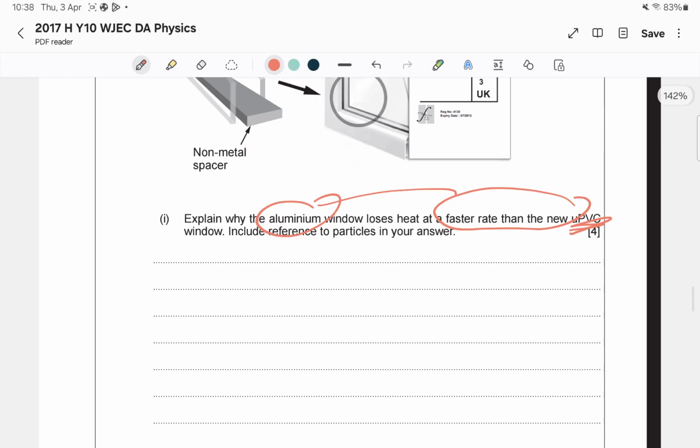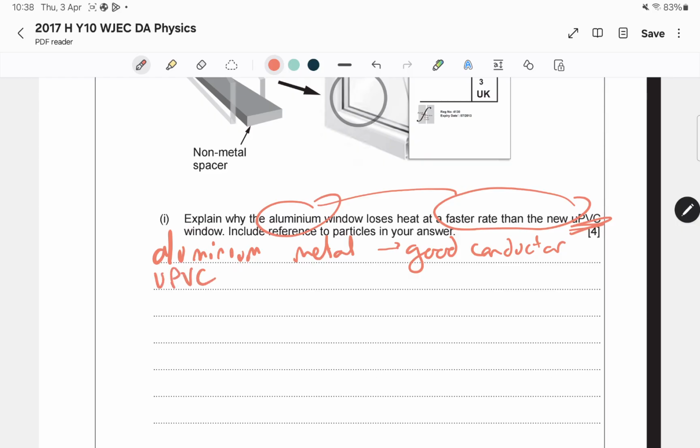Aluminium is a metal, which is a good conductor. UPVC is plastic, which is a poor conductor.